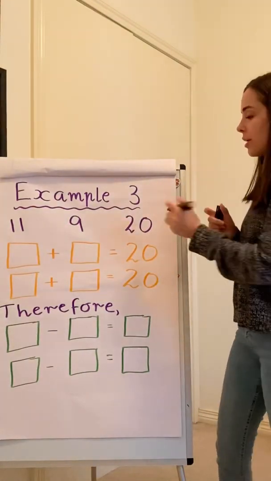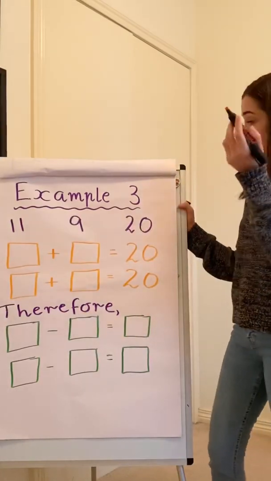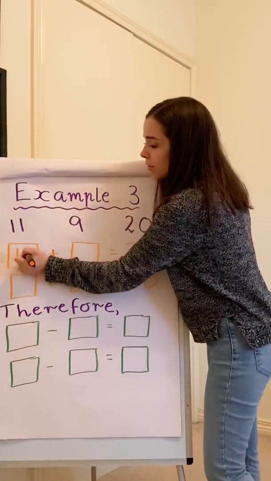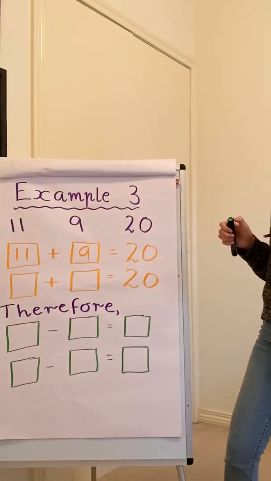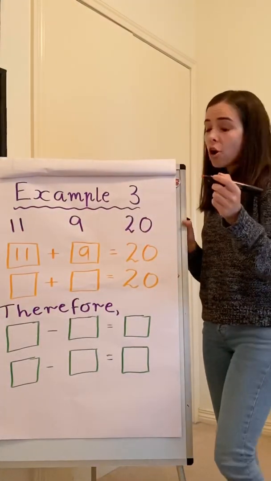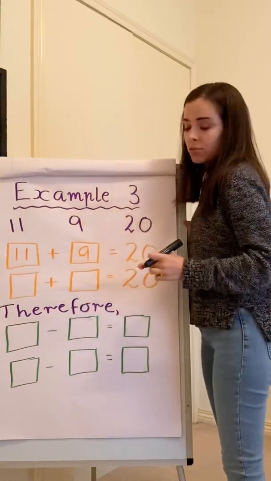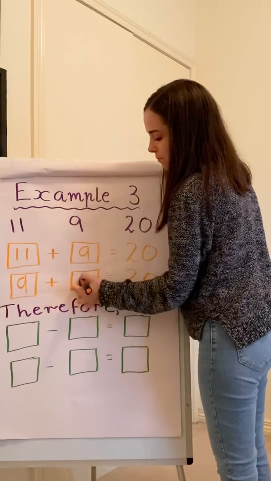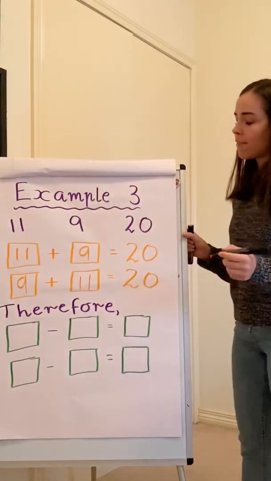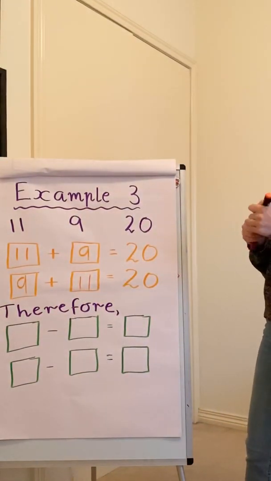You can only use these three numbers. You can put 11 and 9 exactly as they are. 11 plus 9 gives me 20. And then we know I can swap these two numbers around and I still get the same total. 9 plus 11 also gives me 20.